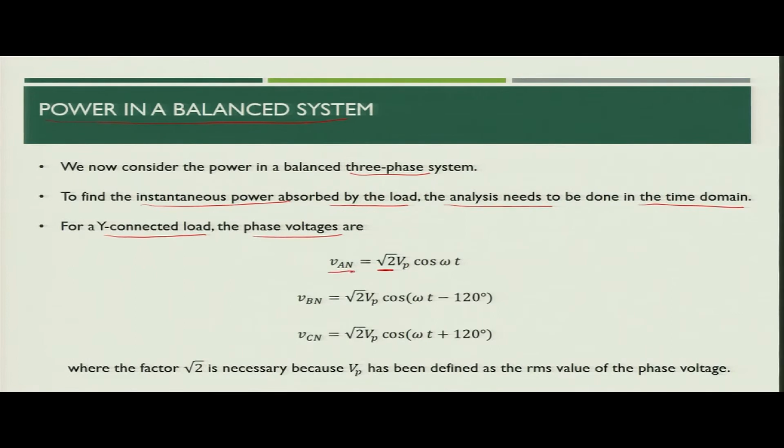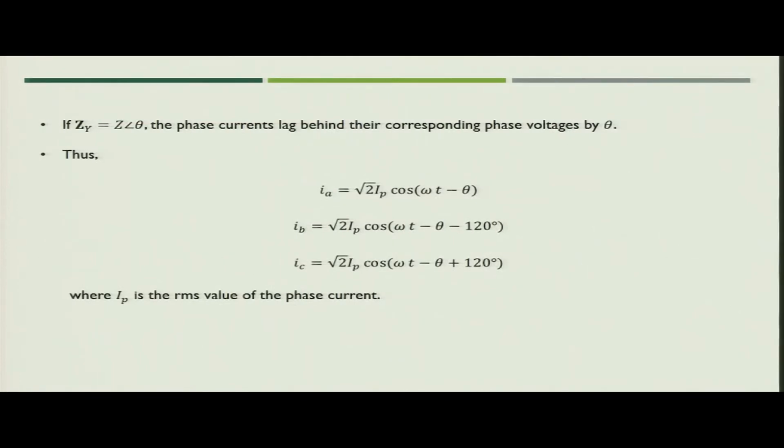for the VAN. Similarly, for VBN we can write root 2 Vp cos omega t minus 120 degrees, and VCN we can write root 2 Vp cos omega t plus 120 degrees. Now, if the load is ZY, we can write it as Z angle theta. The phase current will lag behind the corresponding phase voltage by angle theta.